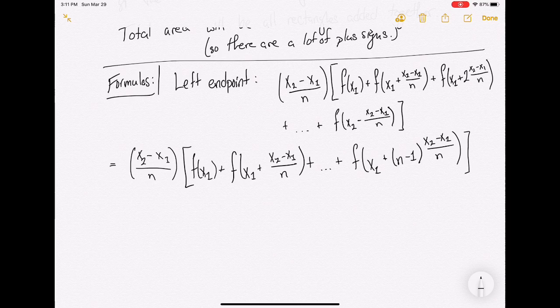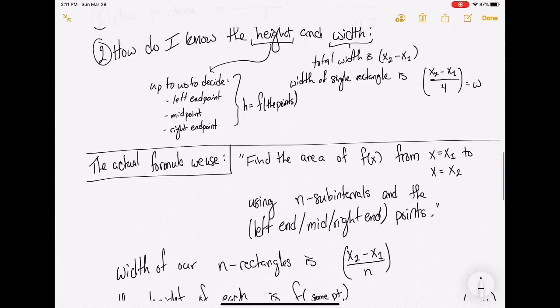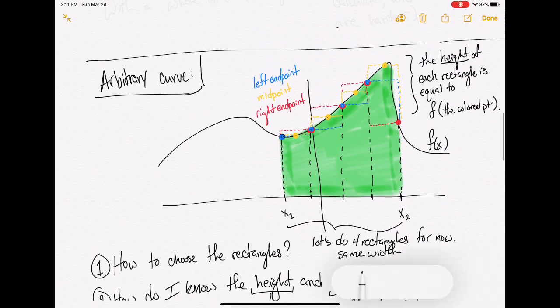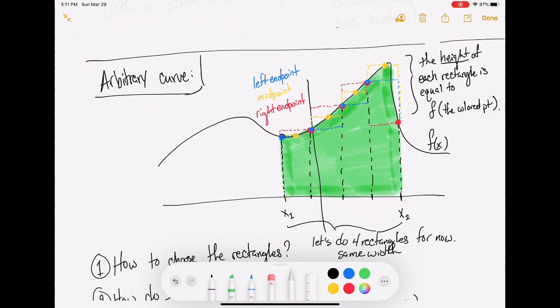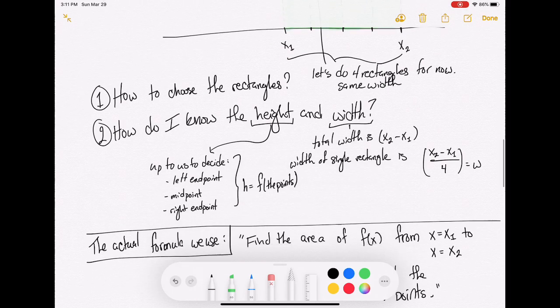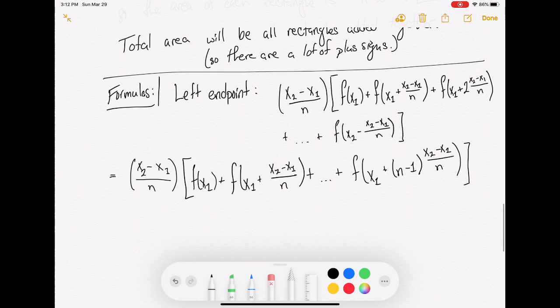So basically I'm saying we step to the right n minus 1 times. Just as in this graph when n was 4, we started here and then we stepped to the right 1, 2, 3 times. When n was 4, you step to the right 3 times. When n is n, you step to the right n minus 1 times.